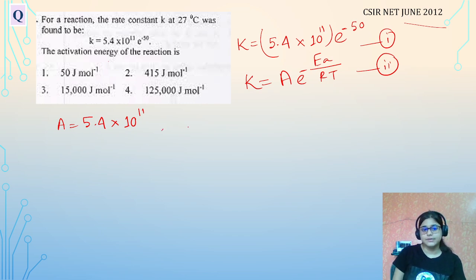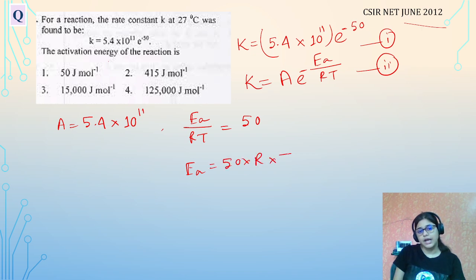And Ea by RT, see carefully. Ea by RT will be, is it minus 50 or 50? We have taken minus in Ea by RT here, and here also minus. So Ea by RT will be equal to 50, right? So Ea will be 50 into R into T. And you have to remember all the R values in different units, right?